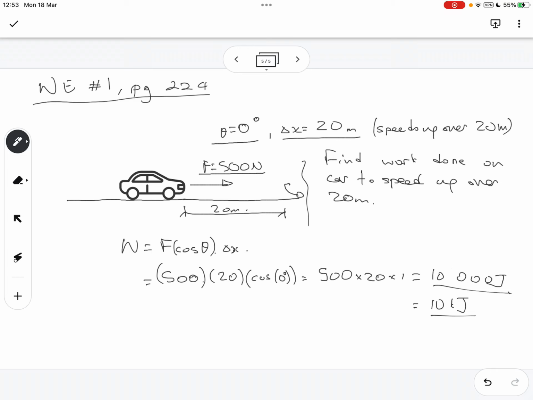So the amount of work done on the car to move it just 20 meters is like 37 times this chocolate bar. But just to move the car 20 meters and speed it up.